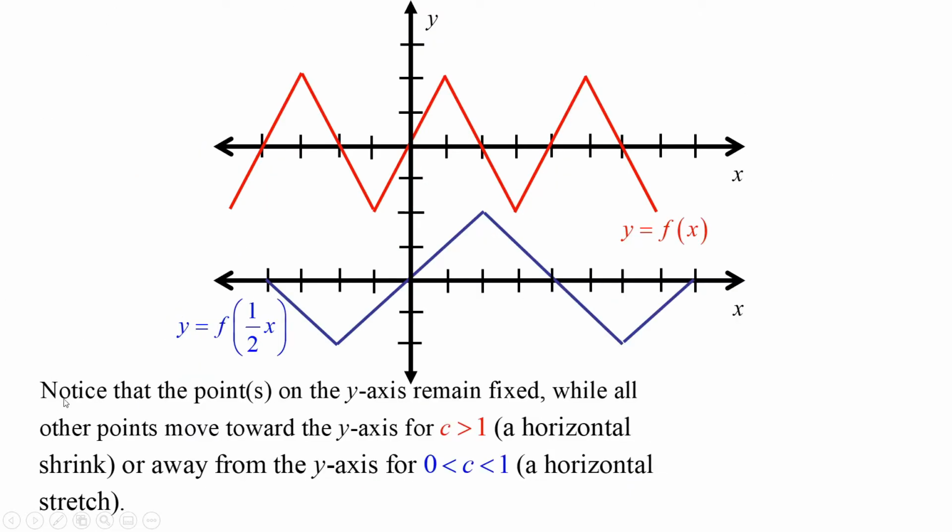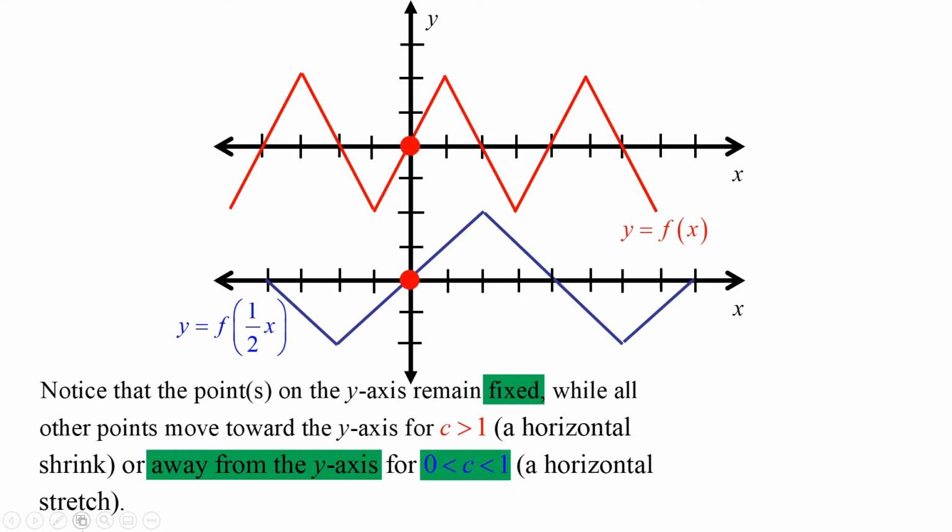Now notice that the points on the y-axis still remain fixed, both of those points at the origin, while all other points moved away from the y-axis because our c was in the open interval between 0 and 1. It was 1/2. And that's going to cause the horizontal stretch.